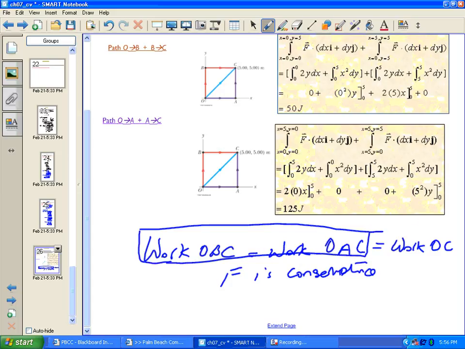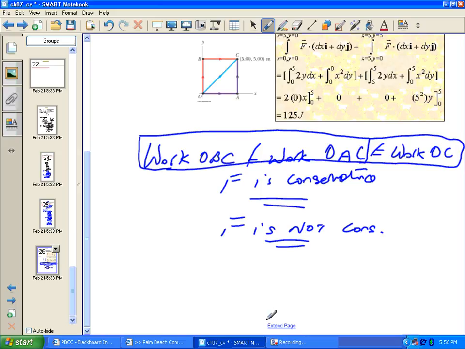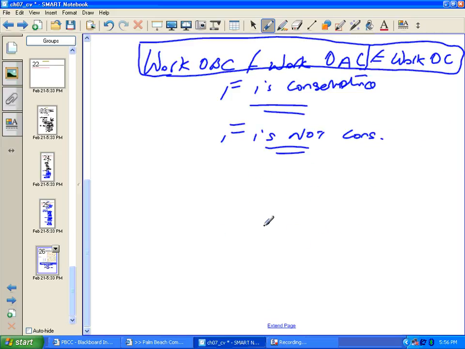If we want further confirmation, we can determine the work done by a 3rd path, and then a 4th if we want to be even more certain that our force is conservative. However, if the work does not equal, for either of these, then F is not conservative. And so our task is to determine whether or not the work equals between one path and the next.